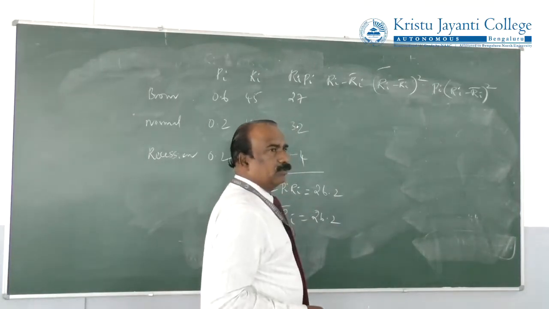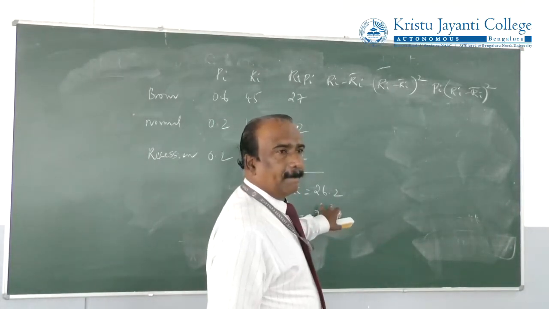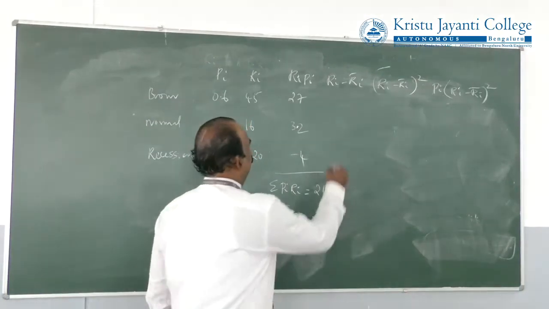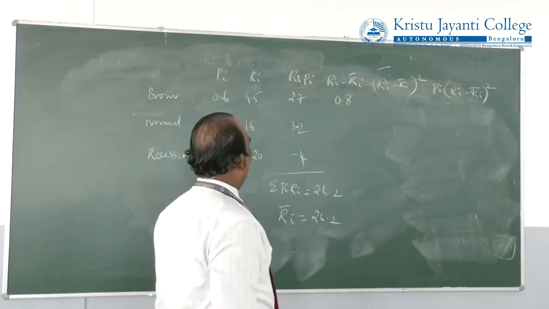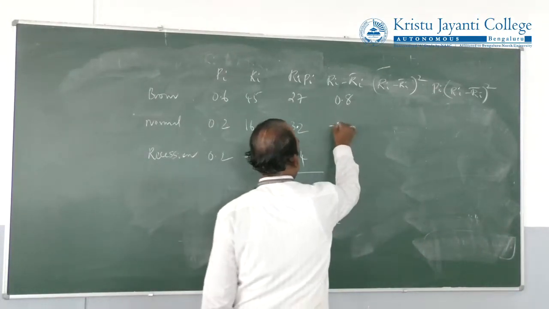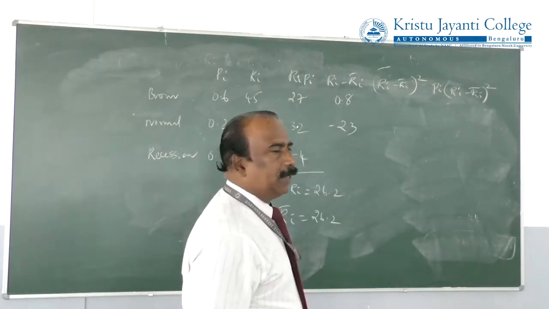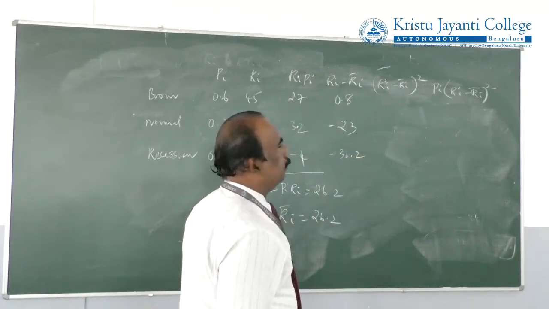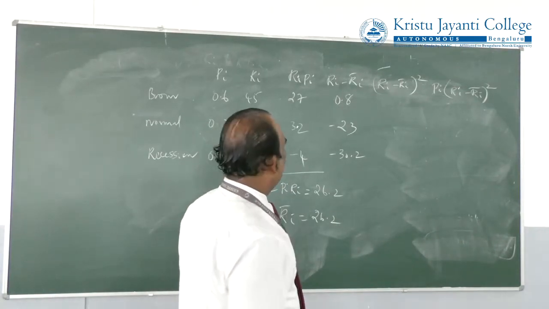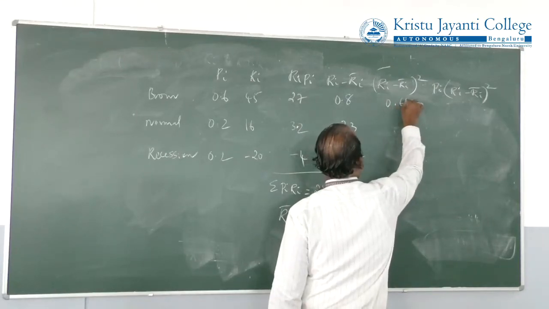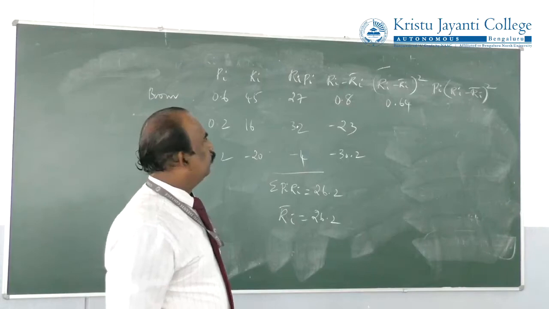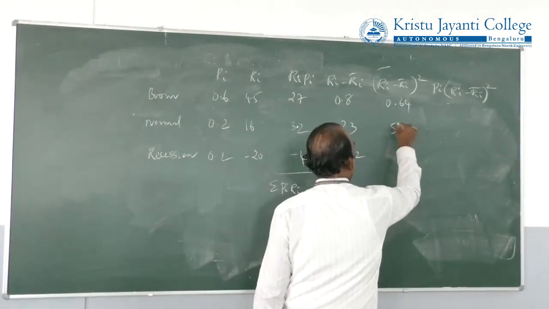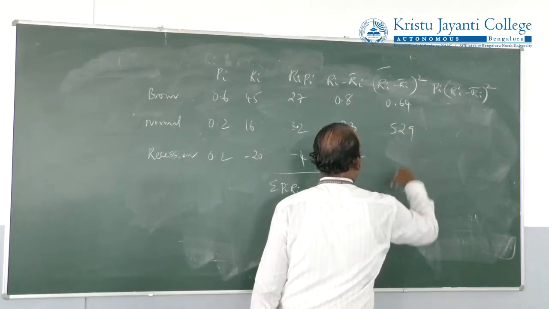Hmm, 0.8. Sorry, it's 45 minus 26.2, which is 18.8. Then 16 minus 26.2 is minus 10.2. Then minus 20 minus 26.2 is minus 46.2. Okay, Ri minus R bar whole square.